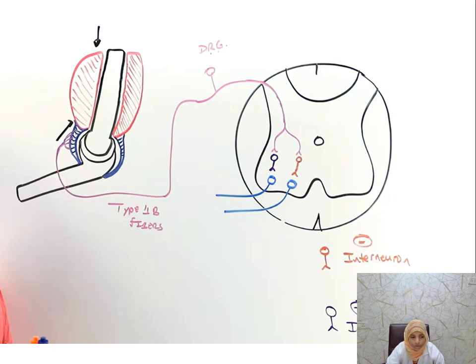Now, which interneuron is inhibitory and which is excitatory? It depends on the type of neurotransmitter which is secreted. If the neurotransmitter secreted is inhibitory, then this interneuron will be inhibitory. If the neurotransmitter which is released is excitatory, then this neuron will be stimulatory.